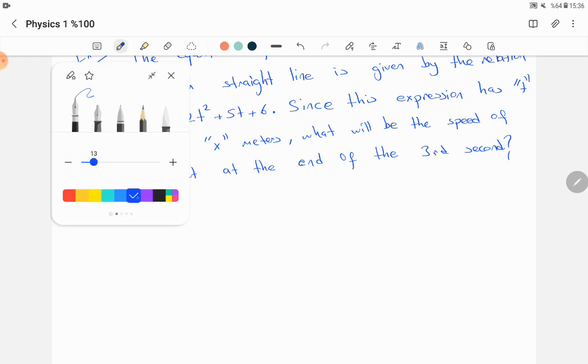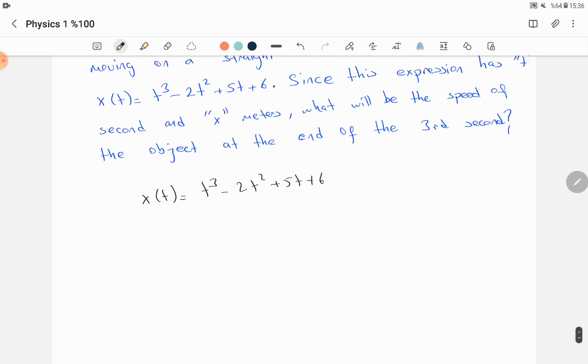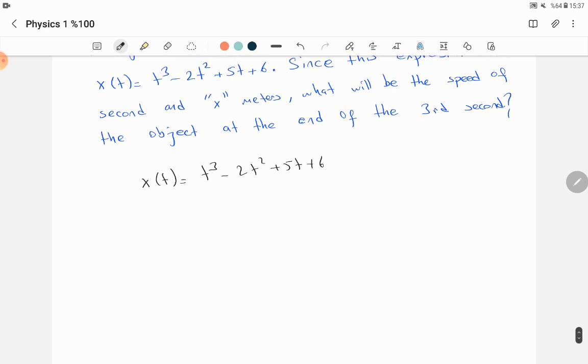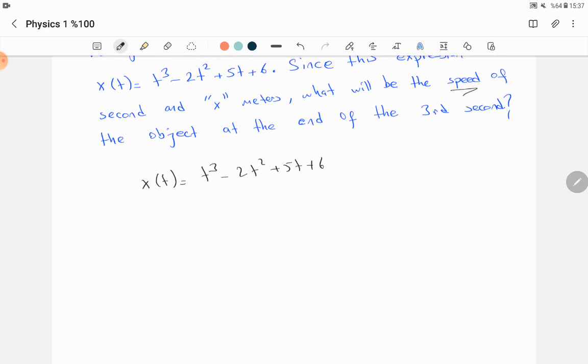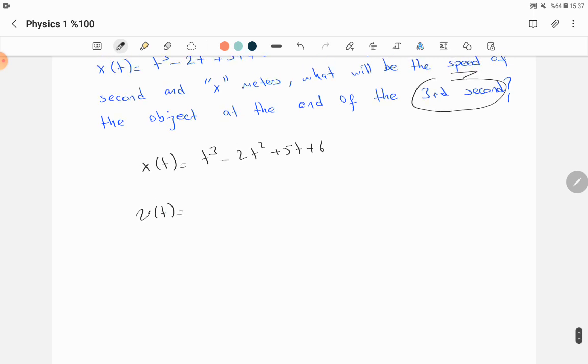Firstly, we write our motion equation, depending on the time. We want to find the speed at the end of the third second. First we must find the speed or velocity equation.